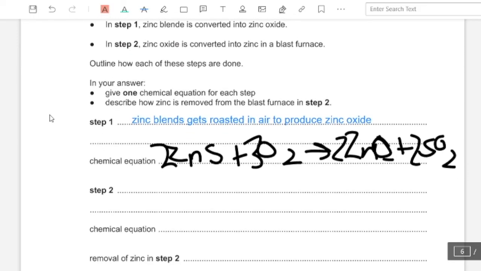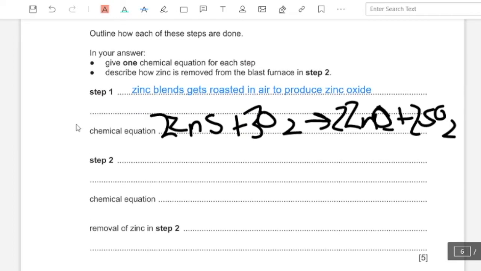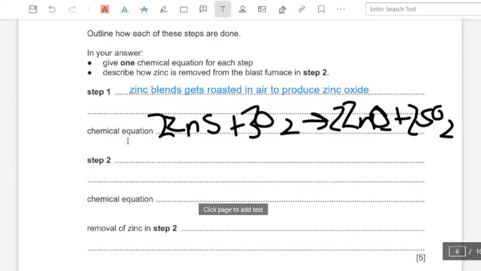Step 2, zinc oxide is converted into zinc in a blast furnace. Okay, so zinc oxide reacts with coke because carbon is more reactive than zinc, so it displaces or reduces zinc from zinc oxide.